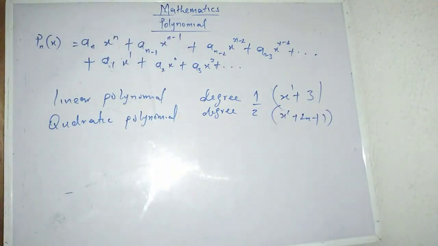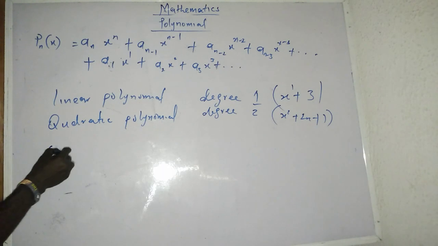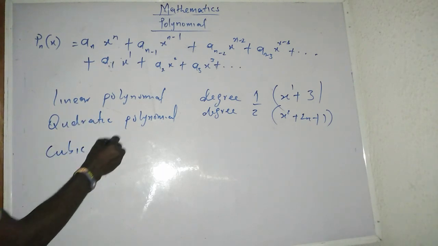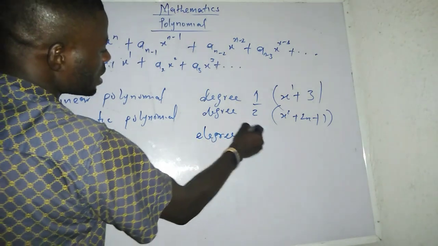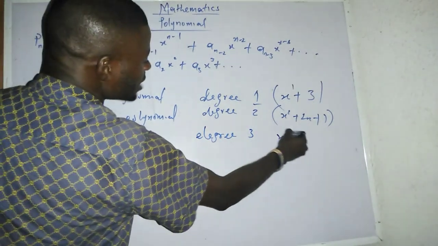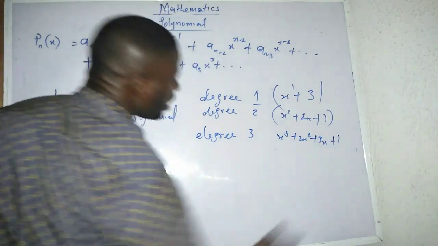The highest degree there is 2. If it is a polynomial of cube, I can say cubic polynomial. It means my degree is 3, which is x cubed plus 2x squared plus 3x plus 1, and so on and so forth.